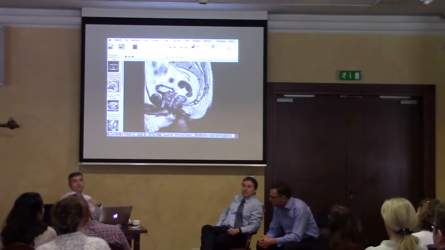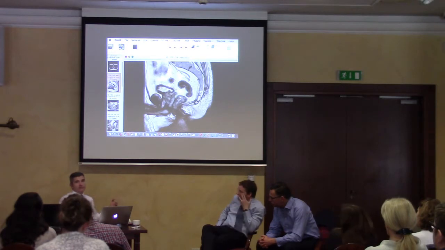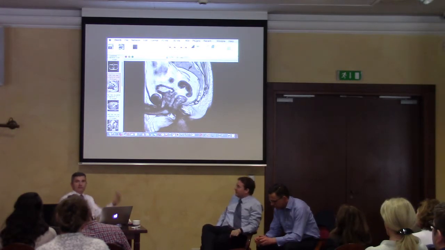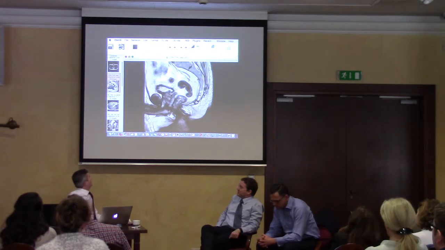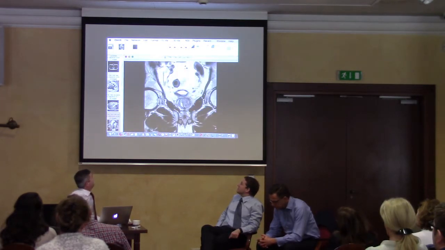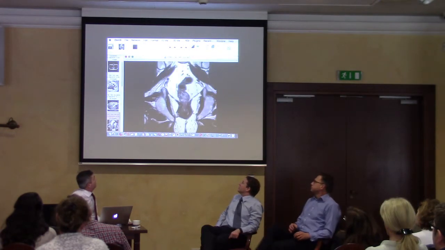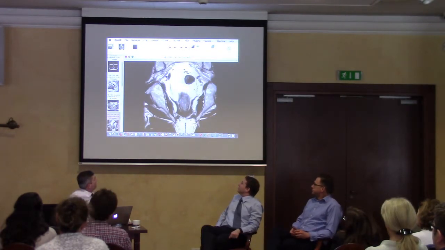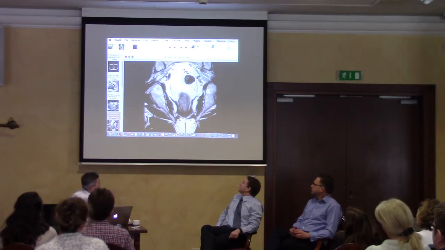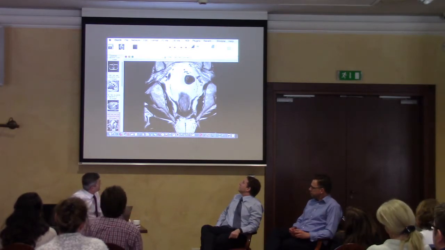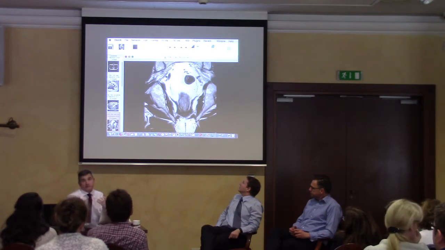We know from multiple studies that our sensitivity and ability to detect invasion diminishes as you get nearer to the sphincters. We're less accurate, so you need to be mindful that we might be getting it wrong. But to me this does look like the intersphincteric plane, or the distance to the levators, looks like it's intact.